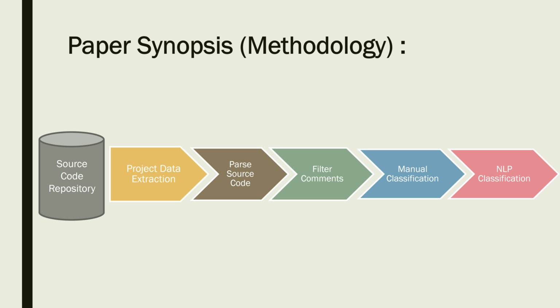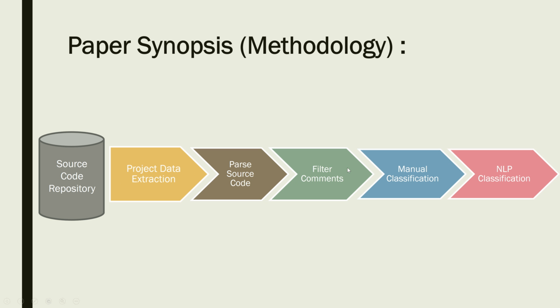This slide shows the overview of the approach. First, they extract the source code from the project and then extract the comments from this project using the JDeodorant tool. Since source code comments can be used for different purposes, the authors apply filtering to remove comments that are irrelevant or less likely to have self-admitted technical debt.